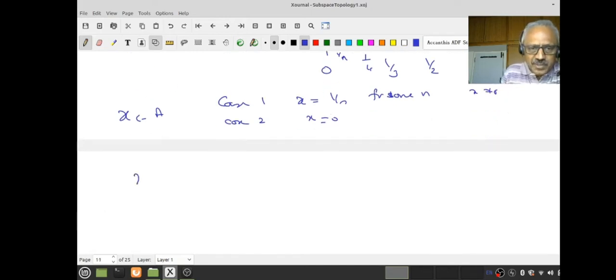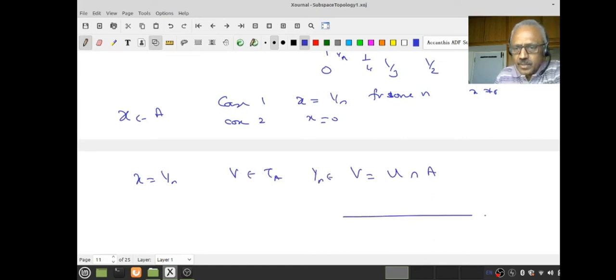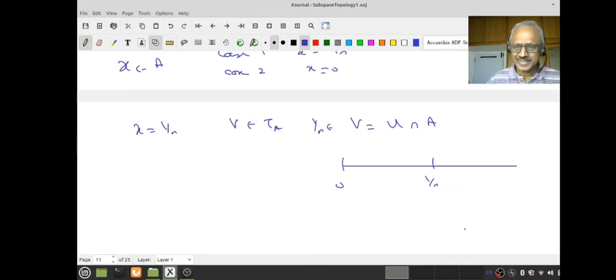Now suppose x equals 1 by n, and suppose V belongs to tau A, so V is U intersection A and 1 by n belongs to this. I'm just magnifying: this is my 0, this is 1 by n, and 1 is far away, because I have magnified it.